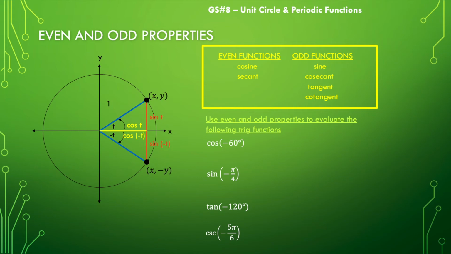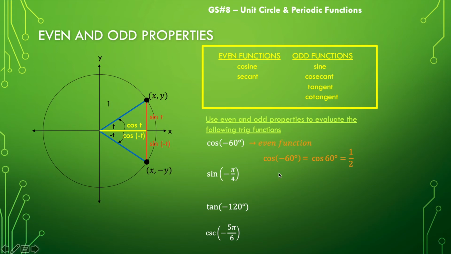If we know that cosine is an even function, we know that cosine of negative x will be the same as cosine of x. So we can say that the cosine of negative 60 degrees is the same as the cosine of 60 degrees, which we know to be 1/2.